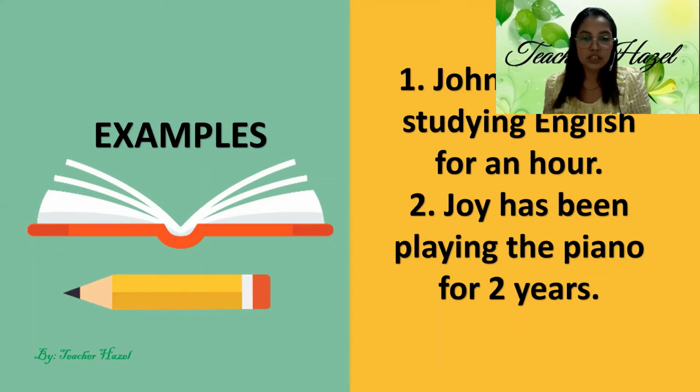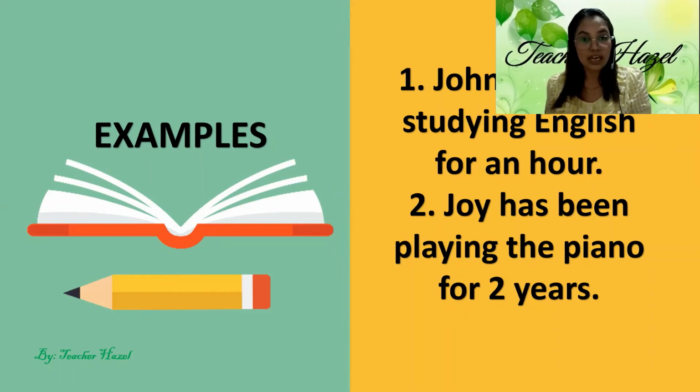Let's take a look at the next sentence. Joy has been playing the piano for 2 years. In this case, Joy is a she, and that's why, again, we say has.